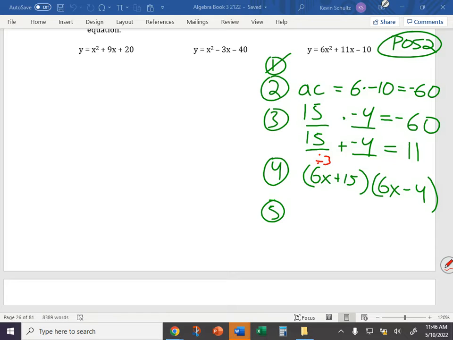And we simplify by dividing by the greatest common factor of our two numbers, 6 and 15. That now gives us 2x plus 5. In our second set, we can divide by 2, since 2 goes into both 6 and 4. And that gives us 3x minus 2.